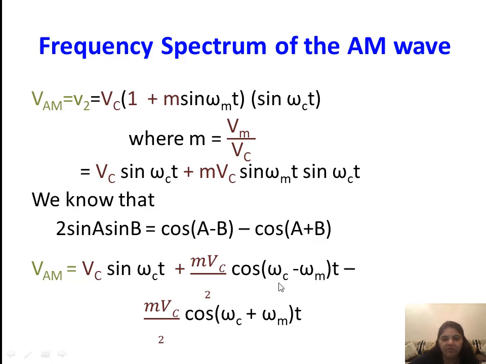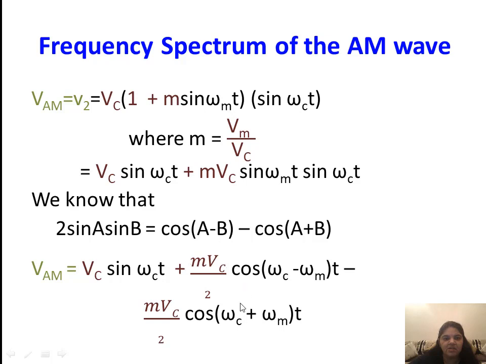So we should never write ωm minus ωc, because we can't subtract the higher from the lower. That is why it is ωc minus ωm. Then minus mVc/2 cos(ωc plus ωm)t.